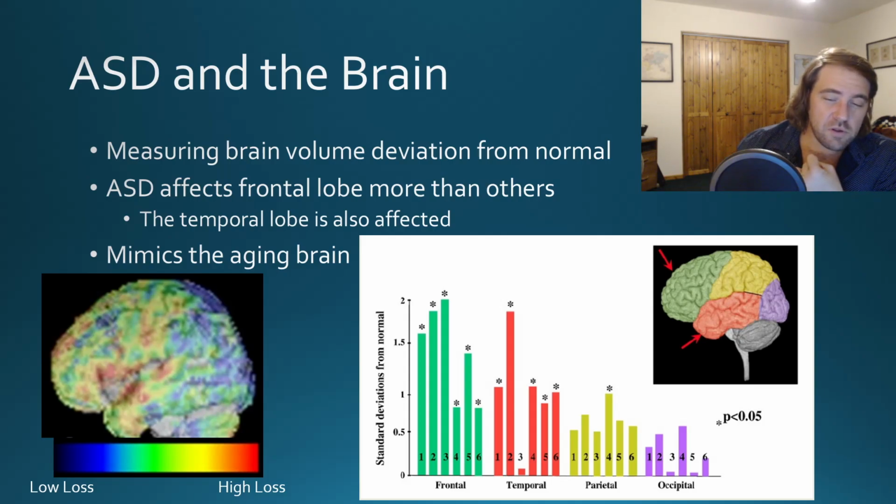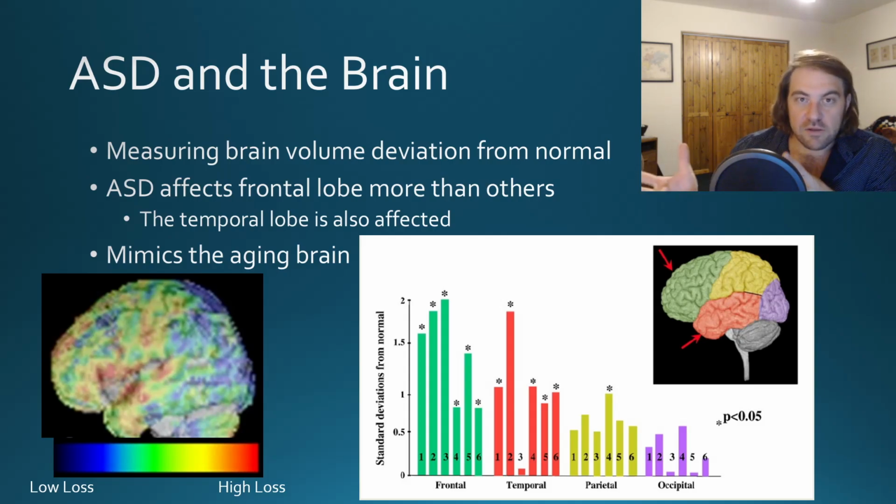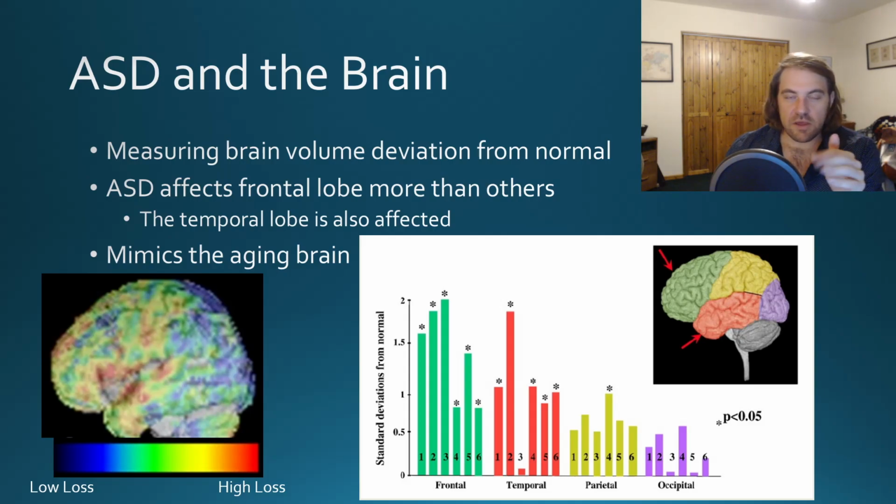Occipital, there's not a lot of difference. Parietal, there's not a lot of difference. Temporal, there is. And frontal, there's a lot of difference. And so we see a lot of difference in the frontal lobe with ASD. That means there's less volume in brains with ASD in this frontal region.